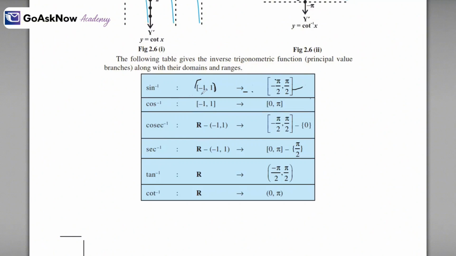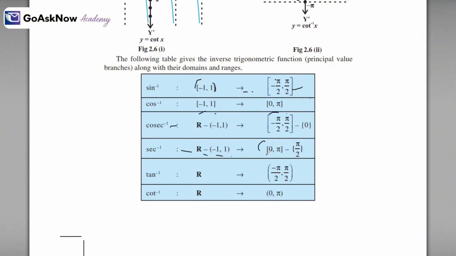Cos inverse has the domain -1 to 1 and range 0 to pi. Similarly, cosec inverse has the domain R minus (-1 to 1) and range minus pi by 2 to pi by 2 minus 0. Similarly, sec inverse has the domain R minus the open interval (-1, 1) and range 0 to pi minus pi by 2.